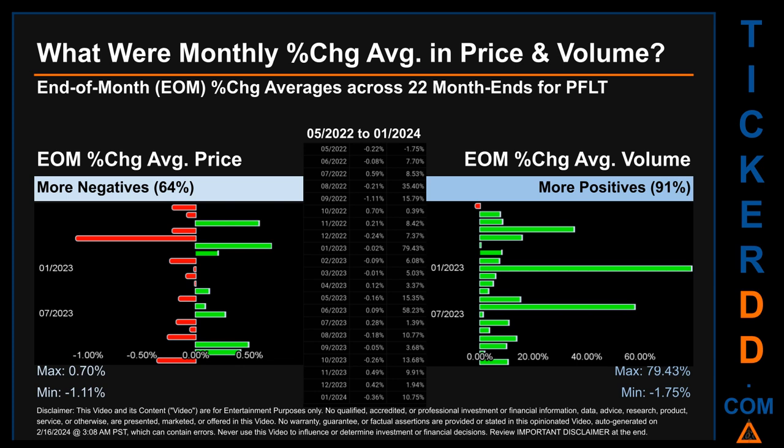That is 91% of month ends saw a positive percentage change in average volume. Price saw an end-of-month max of 0.70% in average percentage change along with a minimum of minus 1.11%. For volume, the maximum and the minimum monthly percentage change were respectively 79.43% and minus 1.75%.